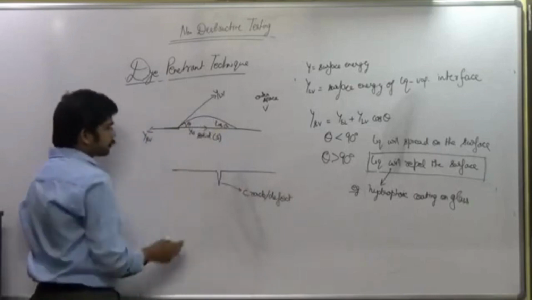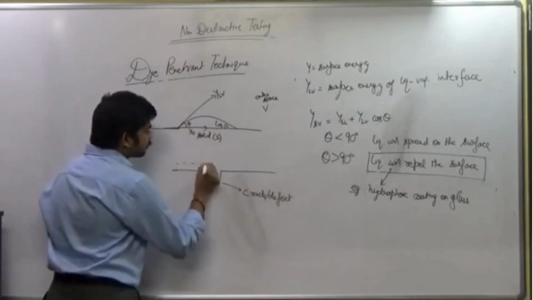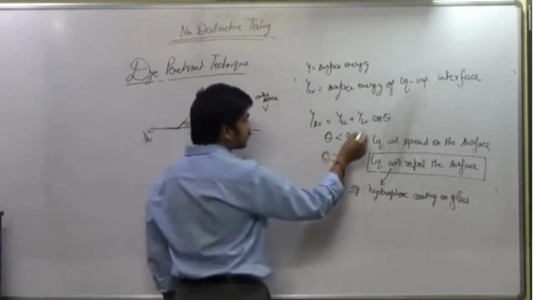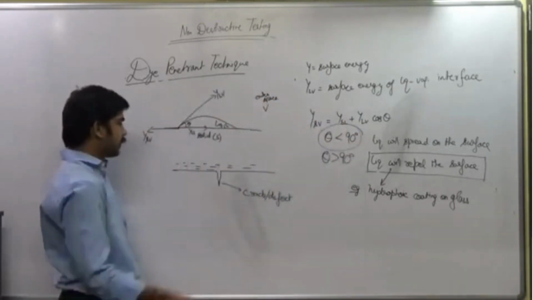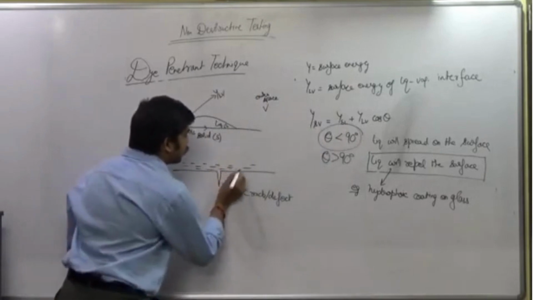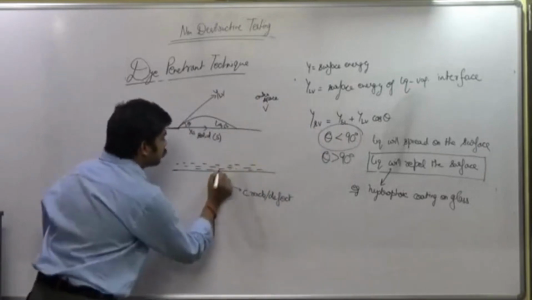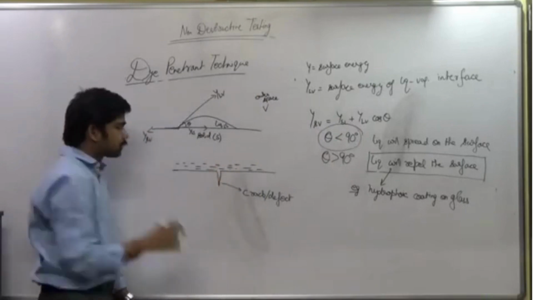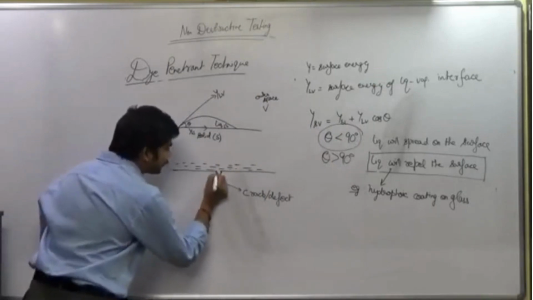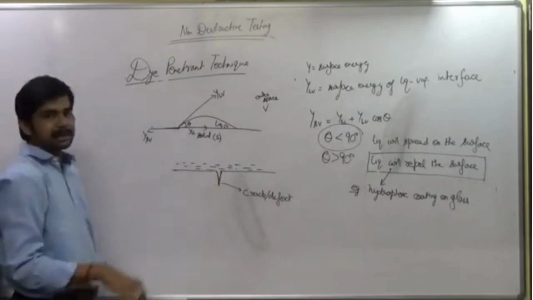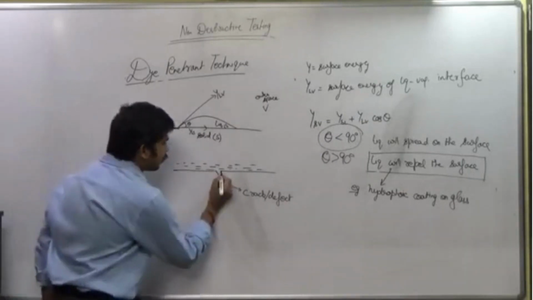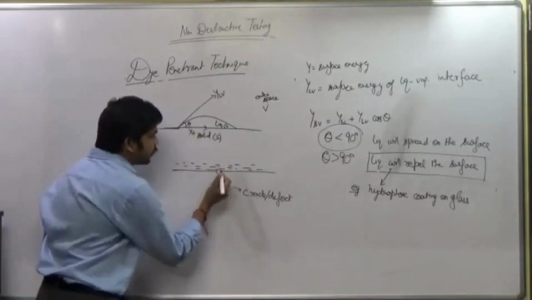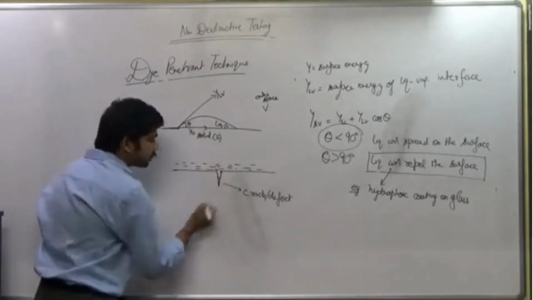So if you have spread a dye, first of all, your theta should be less than 90. Secondly, if you want the dye to penetrate inside this crack, the first condition is that there should be some downward force which attracts this dye into the crack.